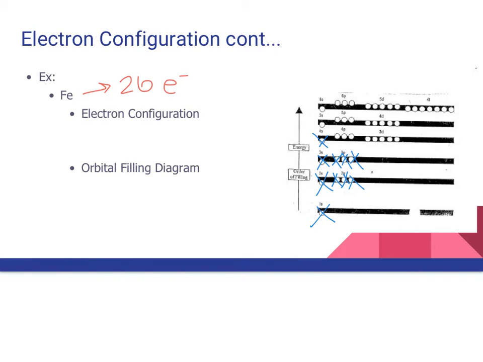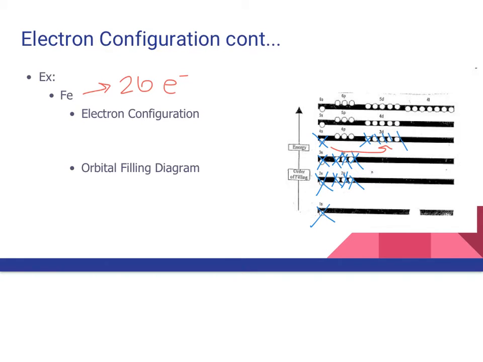This is where we have to be careful. From the 4s, we want to jump to the 3d. I'm already at 20, so now I'm going to go 21, 22, 23, 24, 25. One more would be 26. I've placed all of my electrons, so from here, I'm going to write the electron configuration.